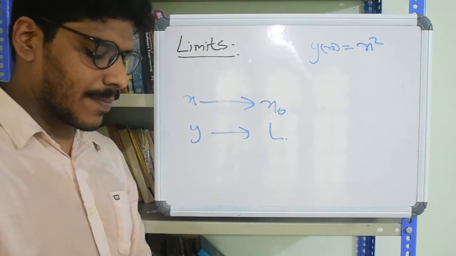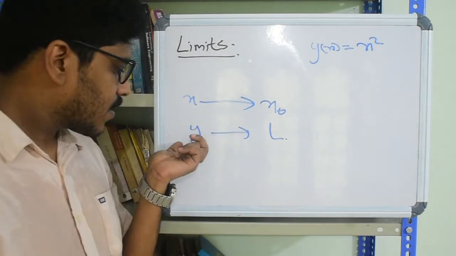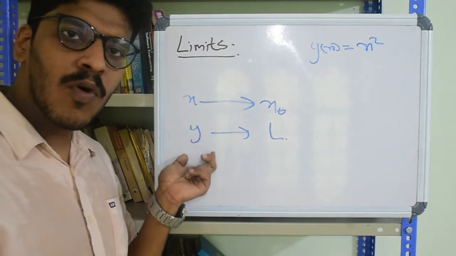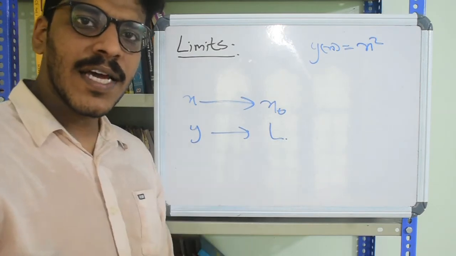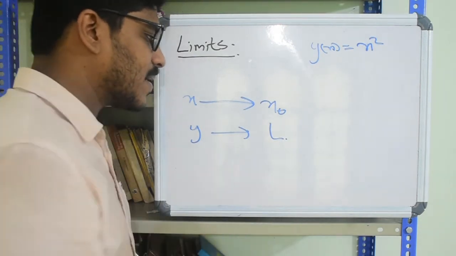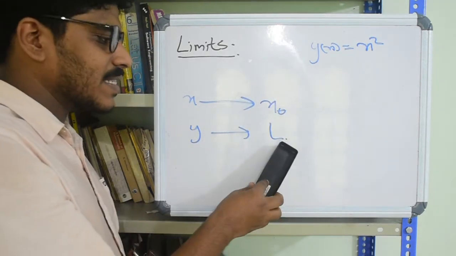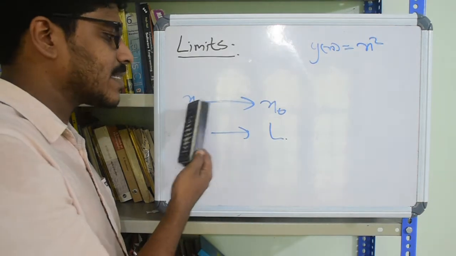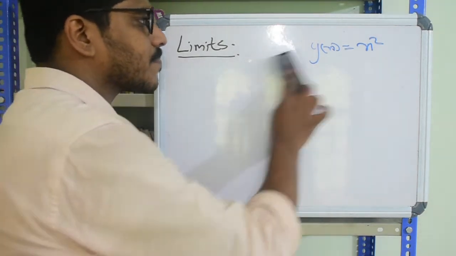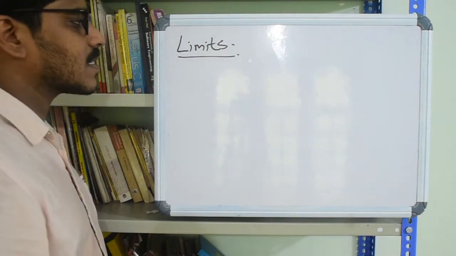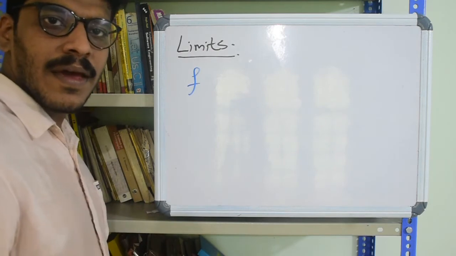So what's happening here? As x moves toward x0, the variable y moves towards a value L. If we have such a situation, we may say that the function y has the limit L as x tends to x0. So let's make it formal. Suppose we have a function f of x.